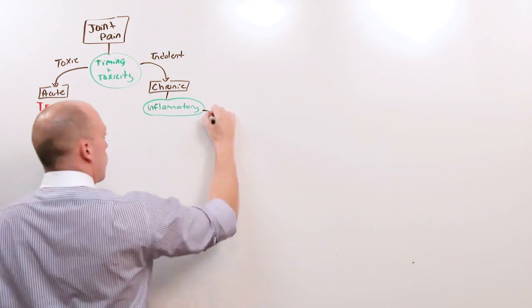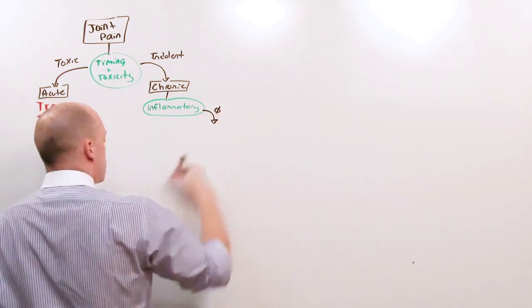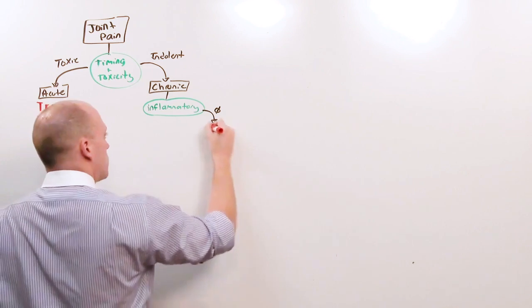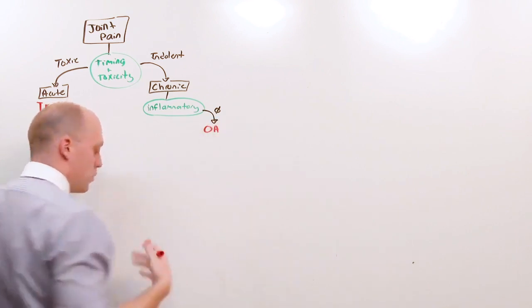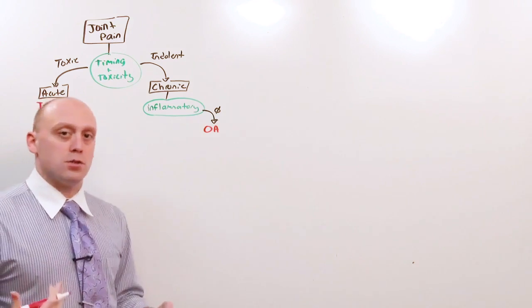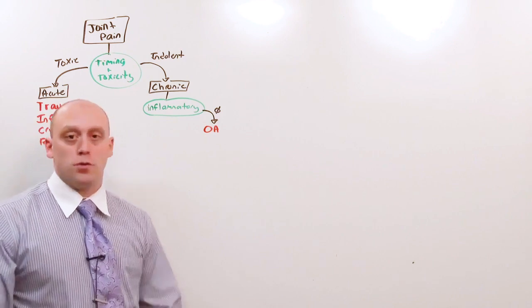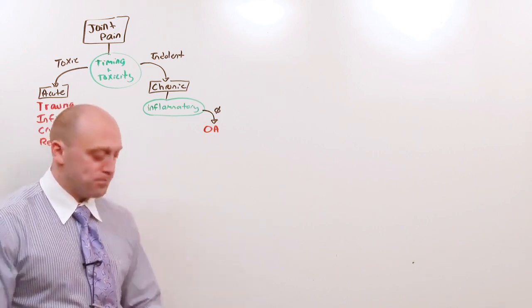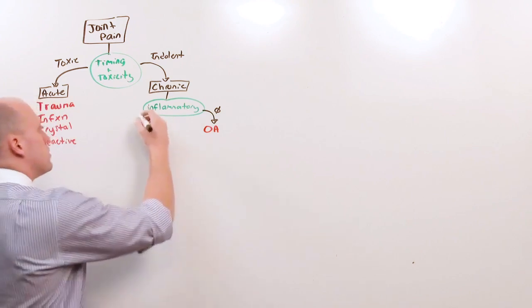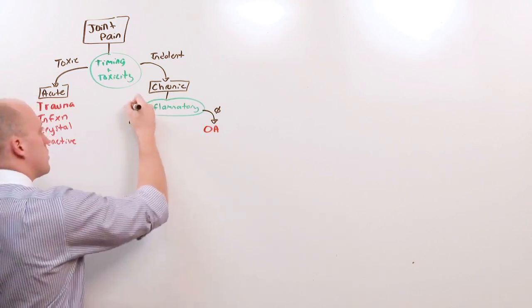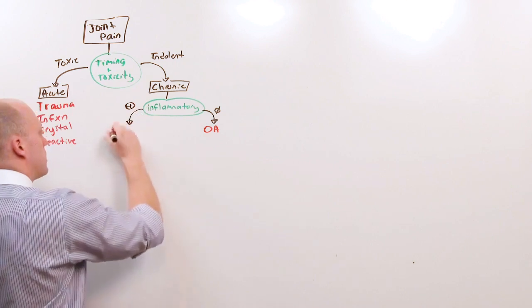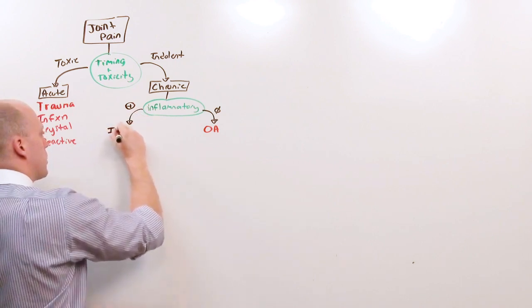Because if the answer is no, it's probably just osteoarthritis. And this is supported by someone who's obese, who has pain in the joints that they use a lot, and they have no signs of inflammation, no fever, no ESR, no CRP. But if there is inflammation of any kind, then you're left with an inflammatory joint.